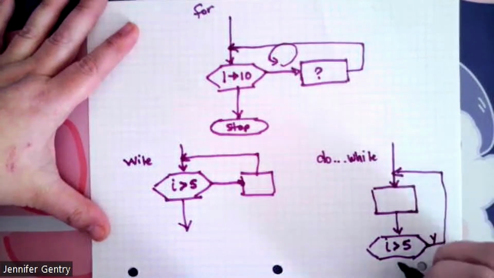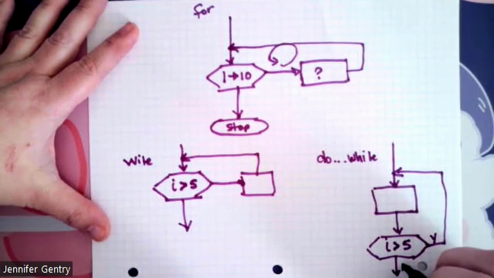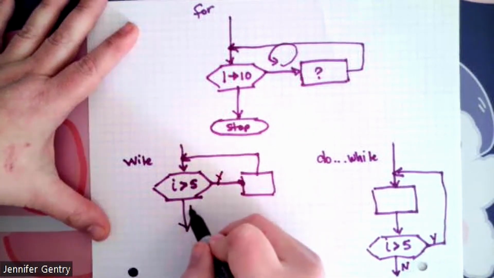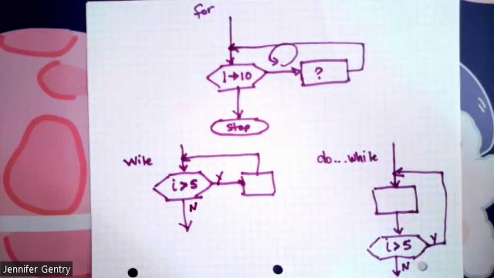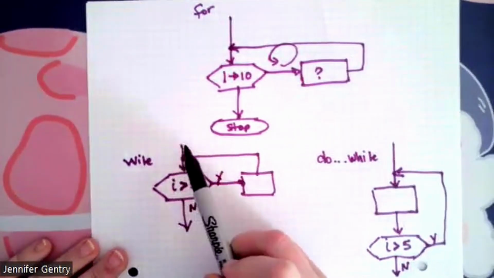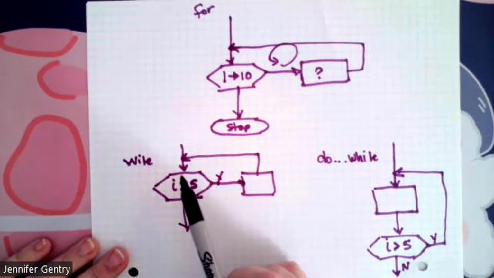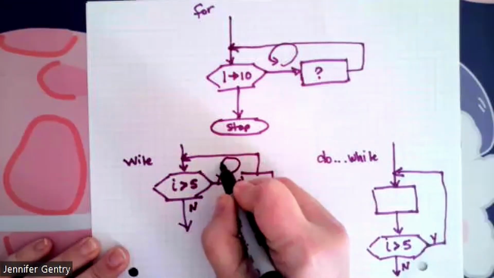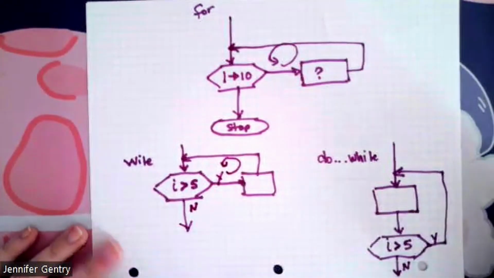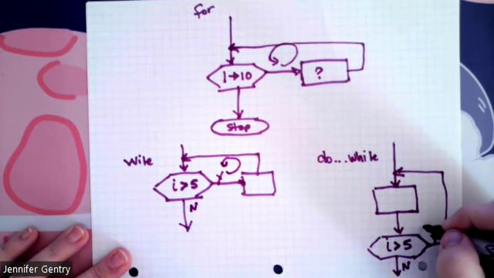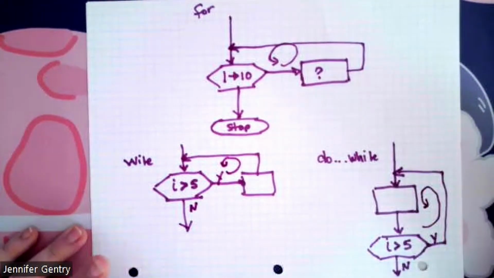Okay, so that's a yes. No, go down here. So you can see in the flowchart version, it's doing its check and then it does the yes or no, right? And again, here's my loop. And in a do while, you're going to do it first, then check. But again, I still have my loop there.